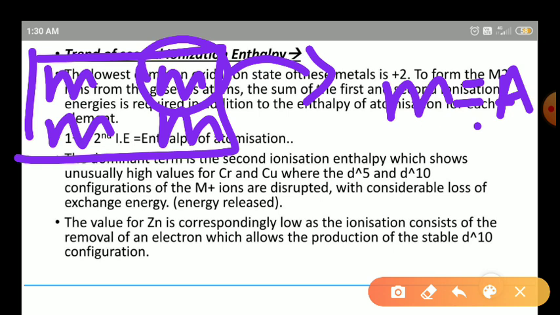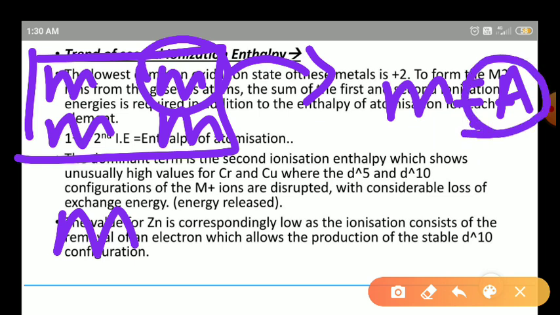Whatever energy is required for enthalpy of atomization, the same amount is required for the second ionization enthalpy of the metal atom, when the metal turns into the metal +2 oxidation state.